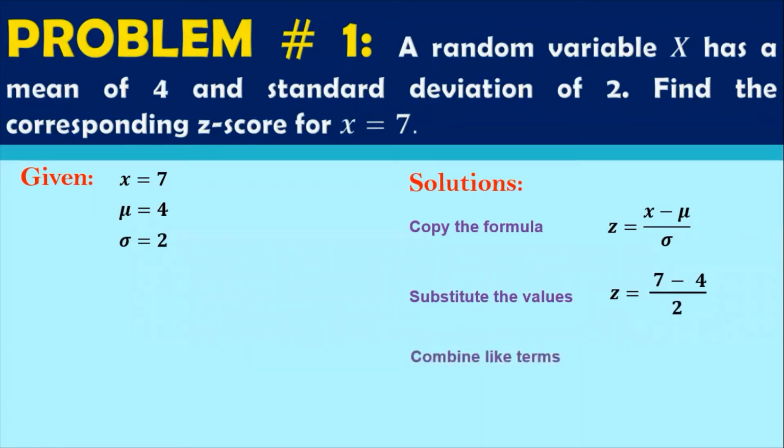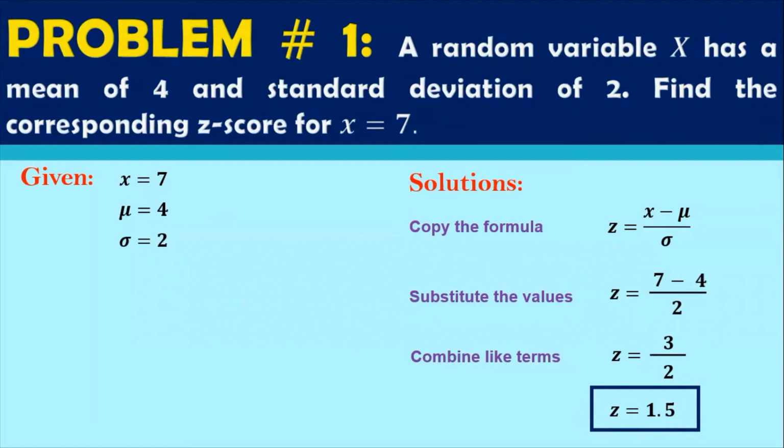Then we simplify the numerator and it will give us z is equal to 3 over 2. Simplifying 3 over 2 gives you 1.5 as the value of the z-score. So therefore, the z-score of x equals 7 is 1.5.